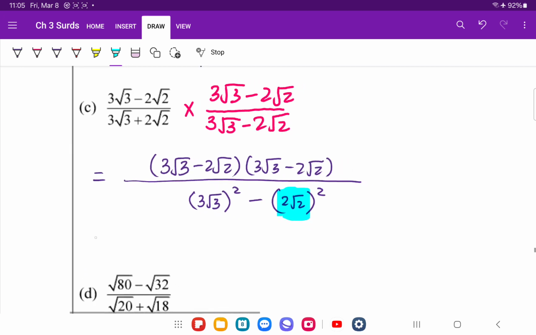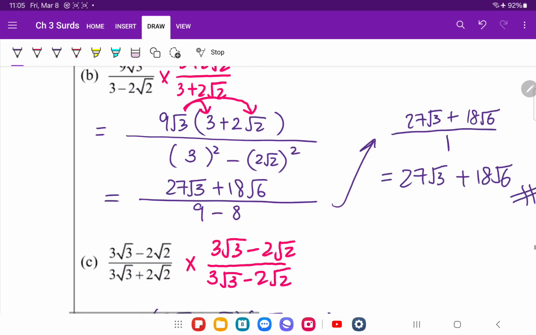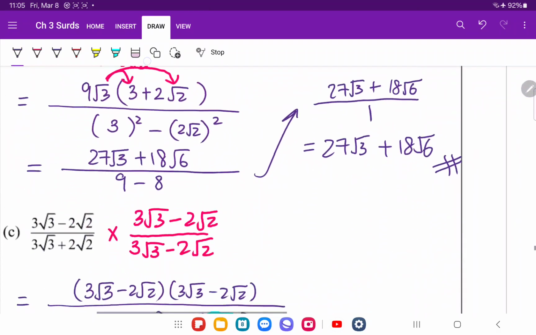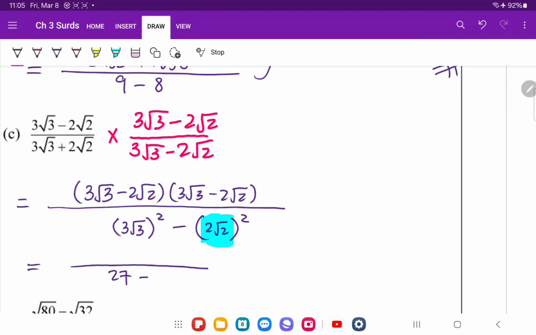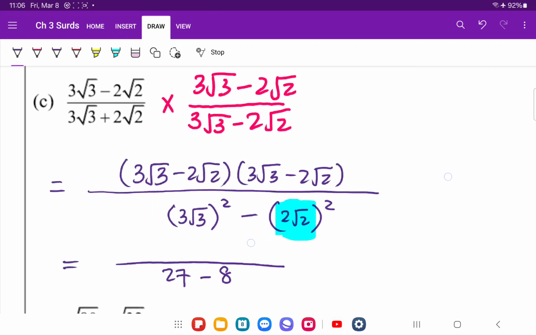Okay? Now, this one, if you can just press calculator, you should get a denominator that is, okay, I'm going to look at this one, 9 times 3, 27. 2 times 2 times 2, minus 8. If you don't know how I got it so fast, just press calculator. That's all. Okay, numerator.